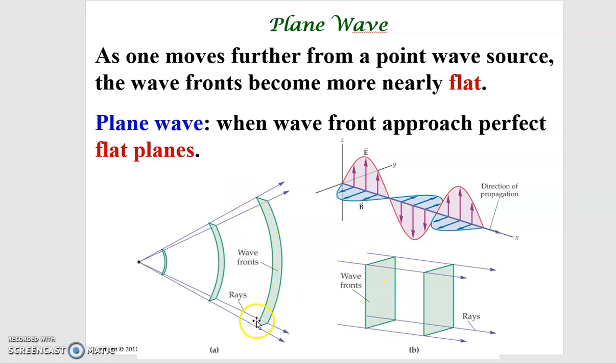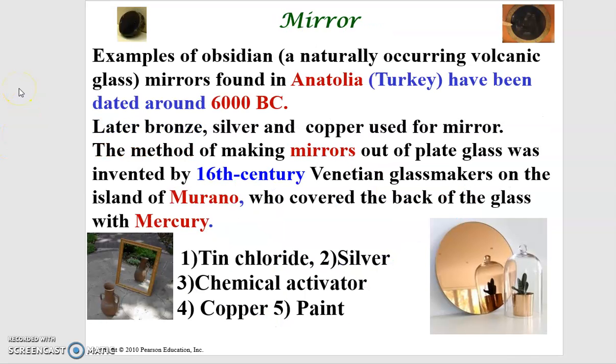Originally it is spherical, but as the wave propagates further and further from the source, the curved surface eventually approaches a flat surface, while the rays are still perpendicular to the wave front. This is the so-called plane wave. Why are we going to study that? Because when light interacts with a material, ideally you can treat it as a plane wave.